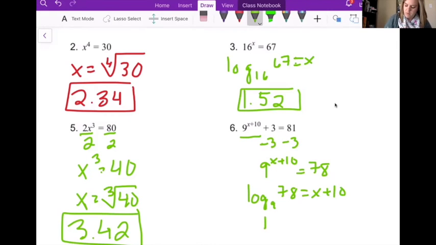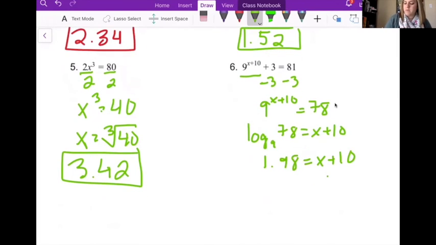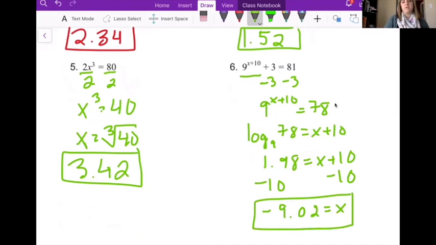So then I have 1.98 equals x plus 10. So then I subtract 10 from both sides. So then I get negative 9.02 equals x. And so that would be my answer.